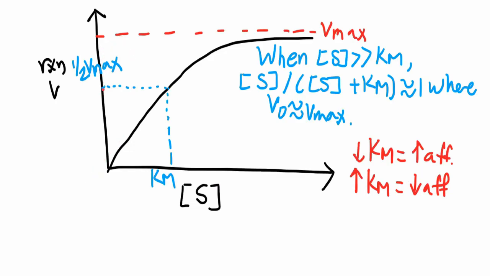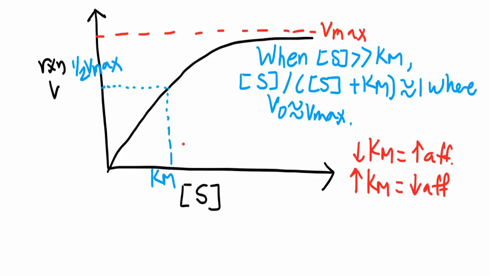At that point, when you draw your dashed line over to your actual curve and then head down to the x-axis, that is the definition of Km, okay? So at this point, we are at half Vmax velocity, so therefore our substrate concentration is defined as Km, okay?